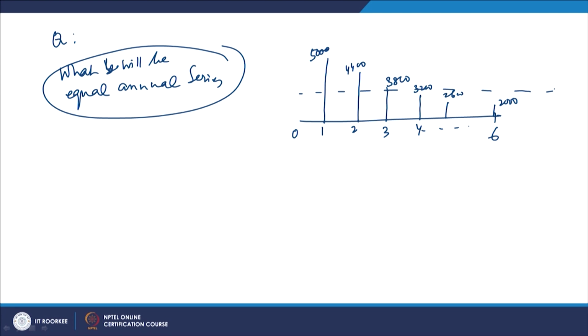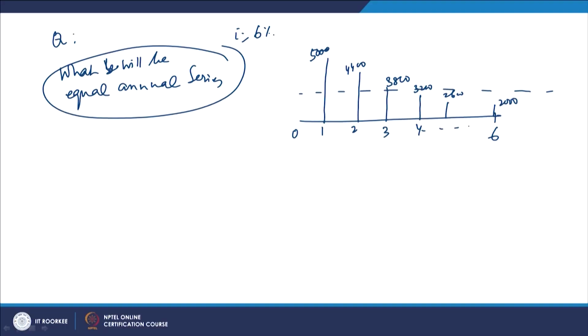Again for that, the i is given as 6% compounded annually, n is 6, and your g value is basically minus 600.